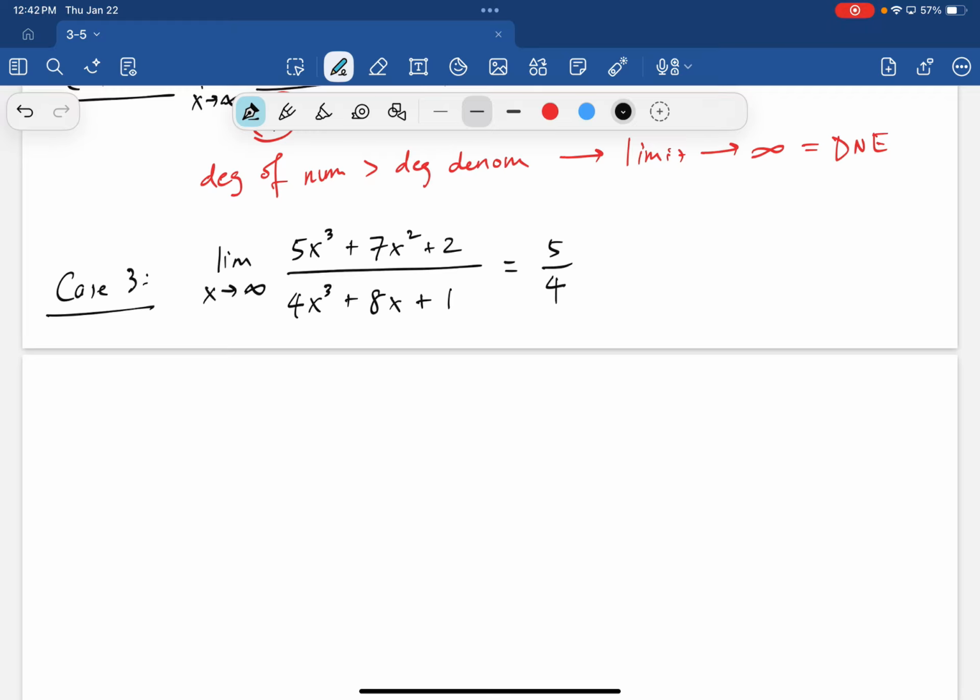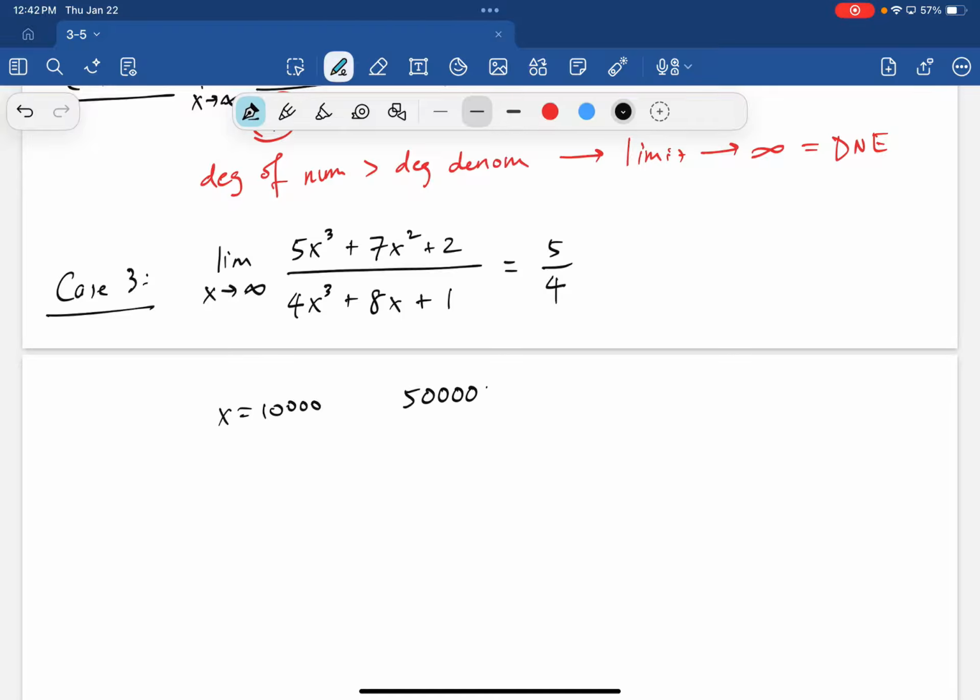And how do we know that? Right, yeah, good. Let's say we plugged in a super big number for x, like 10,000. If we plugged in x equals 10,000, then the numerator would be, I don't even want to say it, 5 trillion, right?